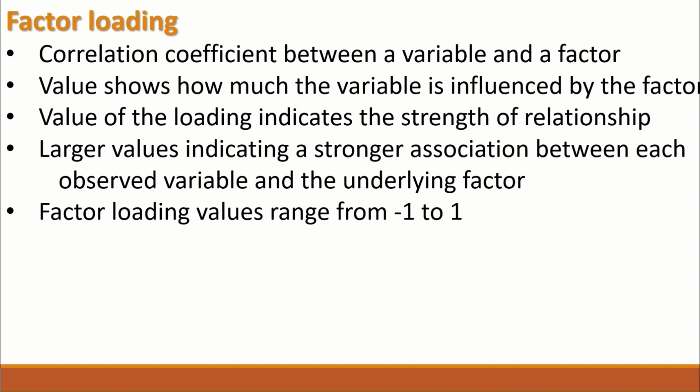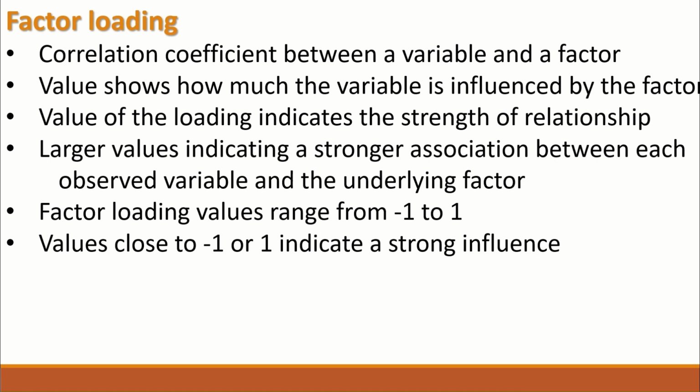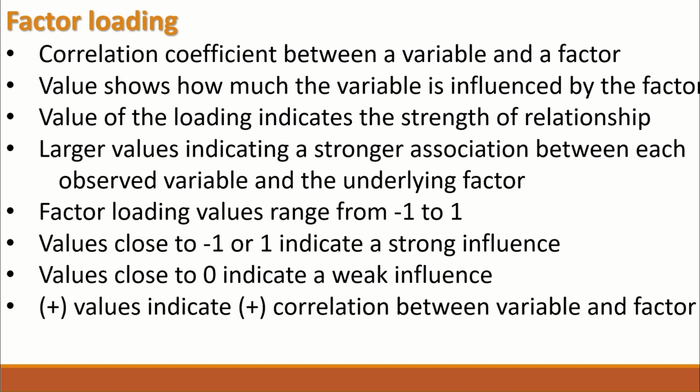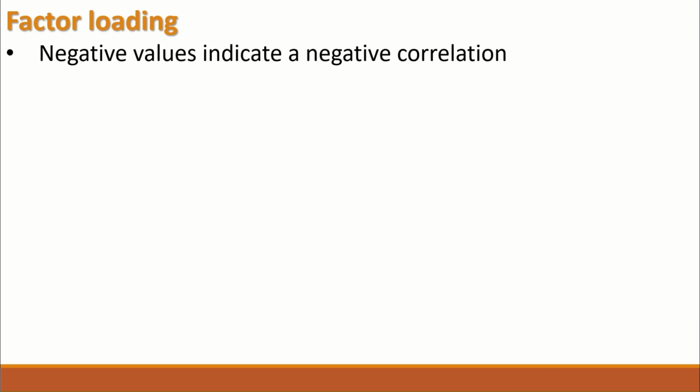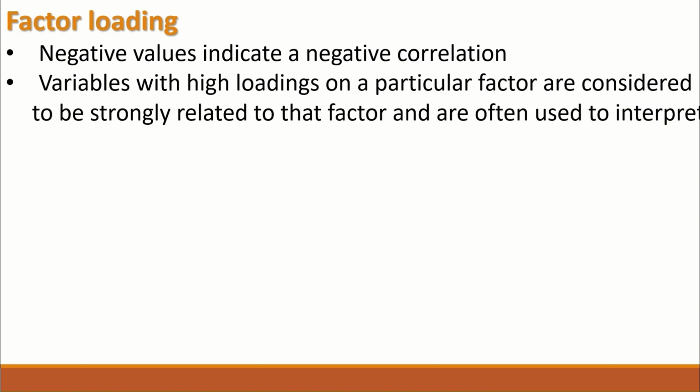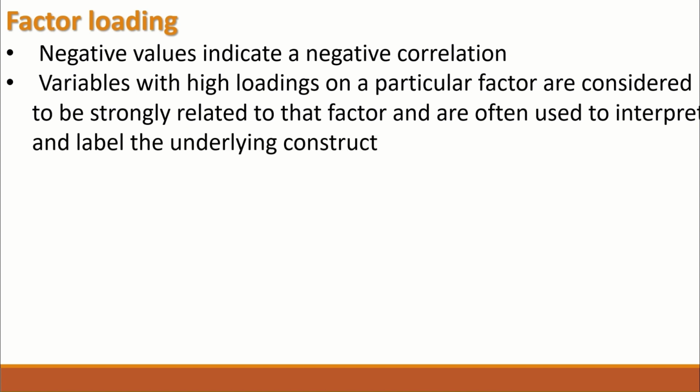Factor loading values range from -1 to 1. Values close to -1 or 1 indicate a strong correlation. Values close to 0 indicate a weak influence. Positive values indicate a positive correlation between the variable and a factor. Negative values indicate a negative correlation. So variables with a high loading on a particular factor are considered to be strongly related to that factor and are often used to interpret and label the underlying construct.